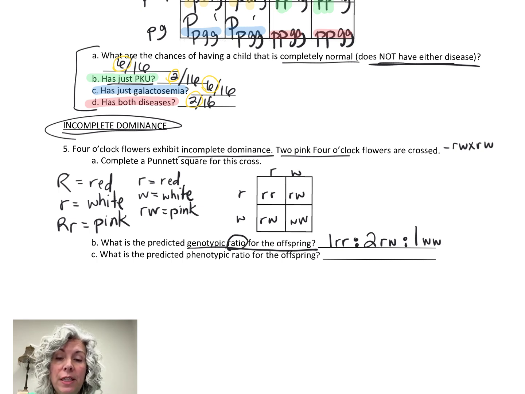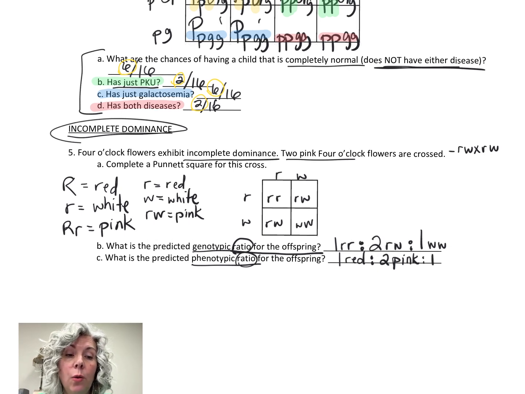What's the predicted phenotypic ratio? Again, a ratio. Phenotypes are what they look like. 1 red to 2 pinks to 1 white. All right, genotypic, phenotypic ratios.